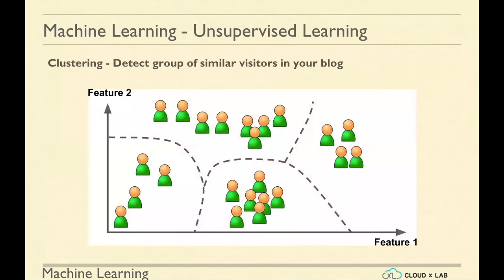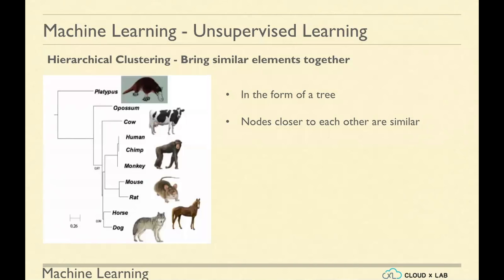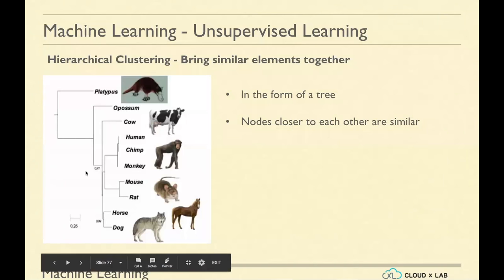There's another kind of clustering called hierarchical clustering. Given the data, we break it into a tree, convert it into a tree. For example, what biologists have done in the hierarchy of evolution, where humans and chimps belong together and so on.